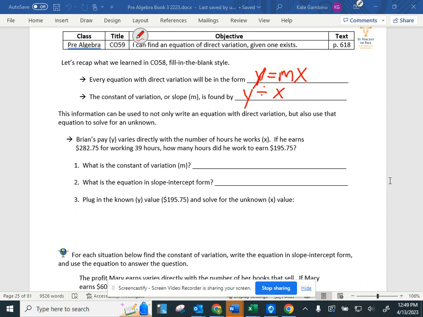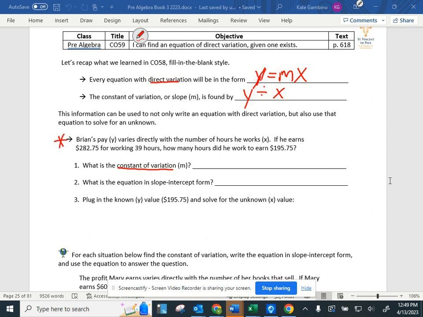So the first thing we want to find out is what is the constant of variation, our slope, the M. How do I find that? Emily. So y equals mx is our direct variation form. We want to know the constant of variation. Y divided by x.